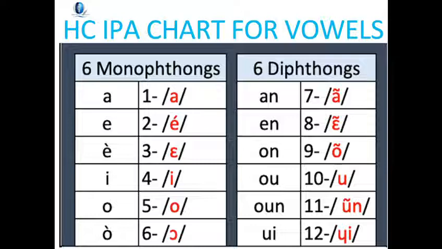That's the symbol, right? In the IPA, on. Number 8, in. Number 9, on. Number 10, ou. Number 11, un. And number 12, oui. Oui, like when you say 8. All right? These are the 12 vowel sounds in Haitian Creole.